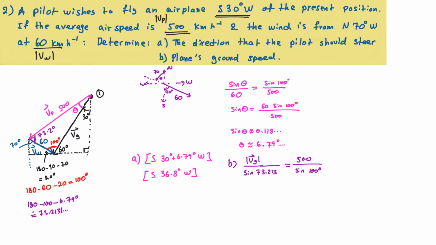So again, we use magnitude of this divided by the sine of this opposite angle, and that's equal to the magnitude of this divided by the sine of its opposite angle here. If we rearrange this, we get that the magnitude of VG is equal to 500 times the sine of 73.213 divided by sine of 100, and that gives us approximately, and this is also approximately, 486 kilometers per hour in three significant figures.